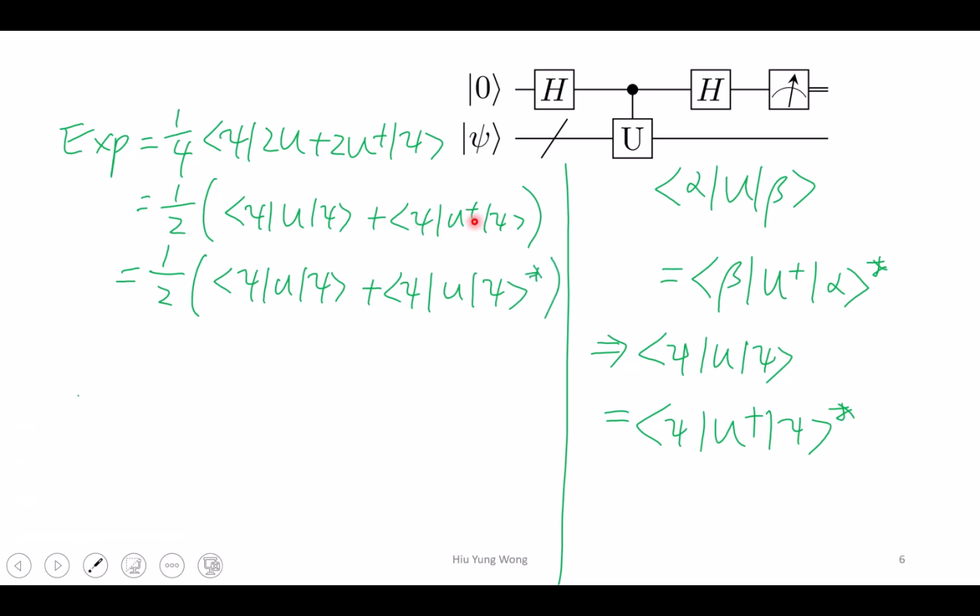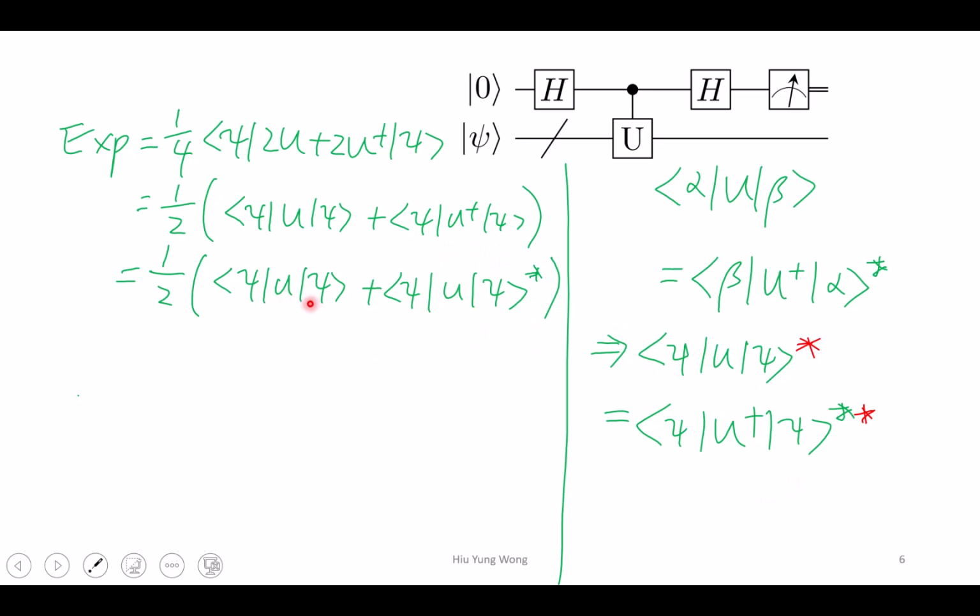Because psi u dagger psi equals the whole thing star, right? So I can just add a star here, and this one becomes psi u dagger psi. So this equals psi u psi star.